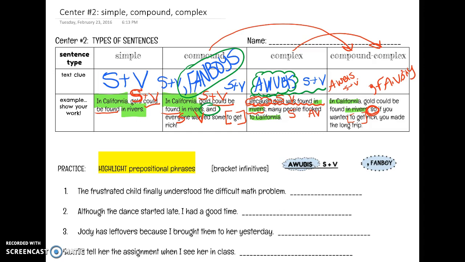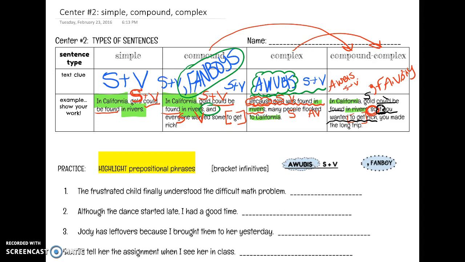And I see an AWUBIS. Let's use a different color. I see if. So I'm going to draw my little cloud around it. If what? If you wanted to get rich. So the main part of the sentence then is gold could be found. Gold is the subject.